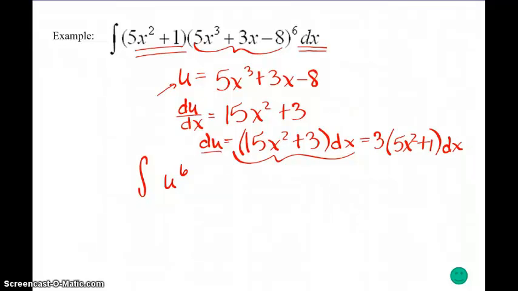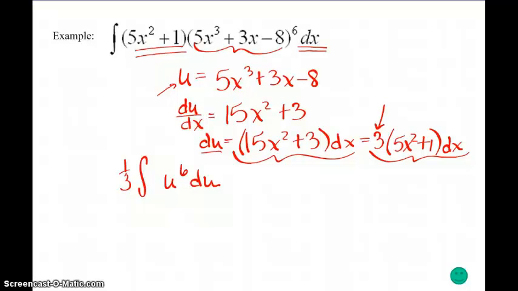So du is off from what I need it to be by a factor of 3. So I'm going to correct that by taking 1/3 of du. Now I skipped several steps where I put times 1/3 du and then factor the 1/3 out front. I just immediately go there.